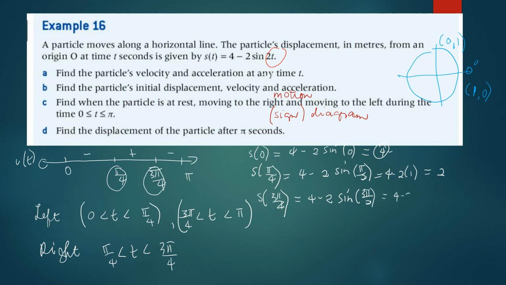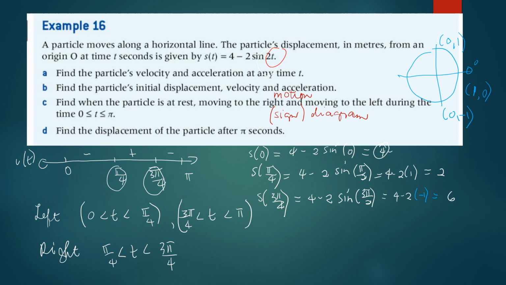So 4 minus 2. At 3 pi over 2, our sine here is negative 1. So times negative 1, so 4 plus 2 equals 6.